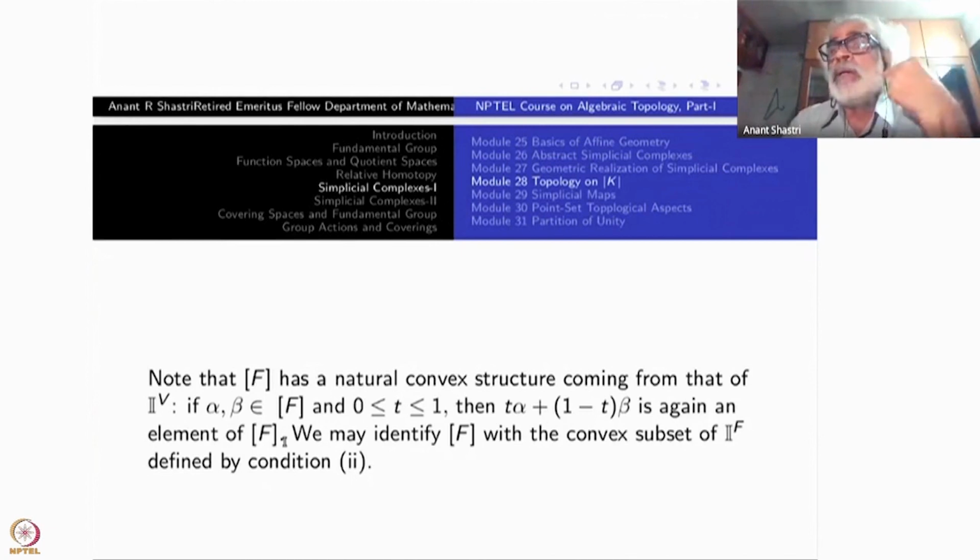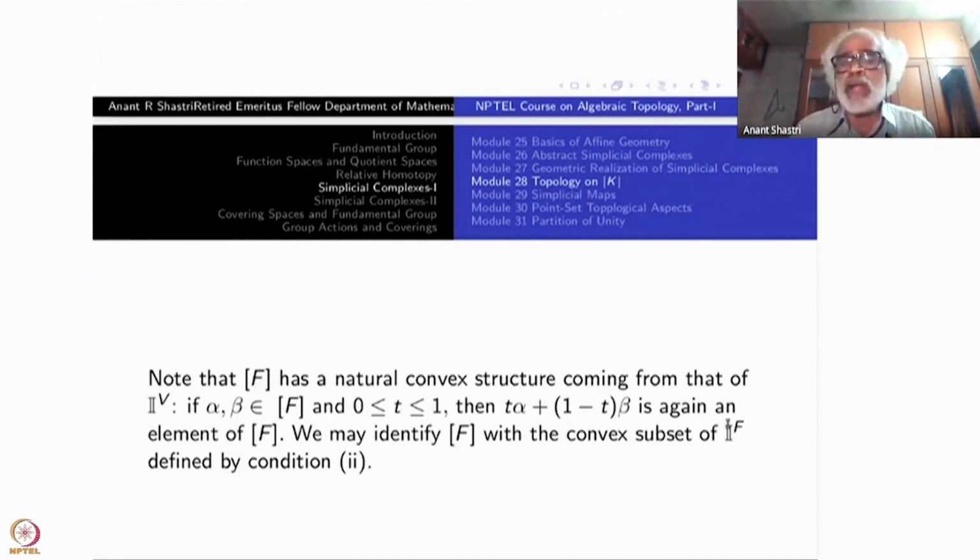The moment gamma of v is 0 for every v inside K minus F, that is, outside F, it is an element of the closed simplex. We may identify mod F with a convex subset of I raised to F. You see, I raised to F is actually a quotient of I raised to V, because F is a subset of V. You can take only those coordinates, and this I raised to F is another copy of I cross I cross I and so on.